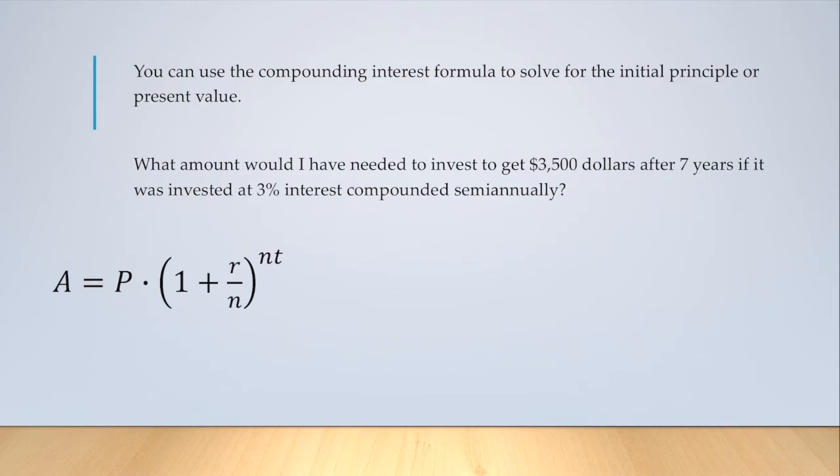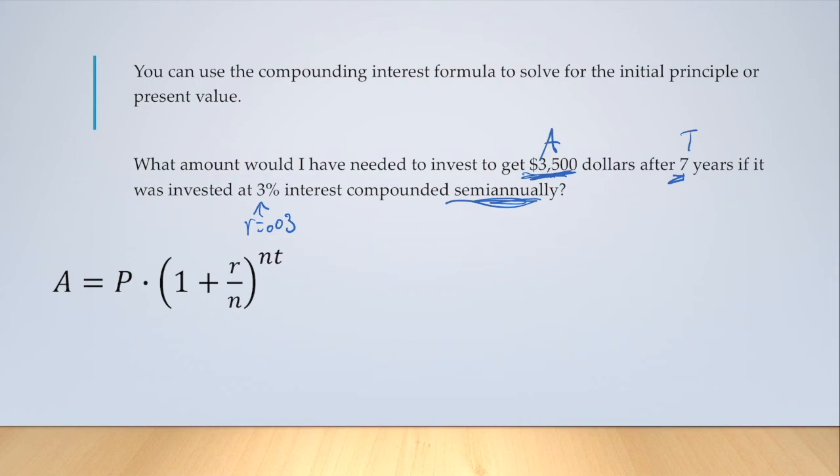Now, you can also use the compound interest formula to solve for the initial principal, or the present value. What amount would I need to invest to get $3,500 as my final amount after 7 years, if I invested at 3%, so my R is 0.03, compounded semi-annually?